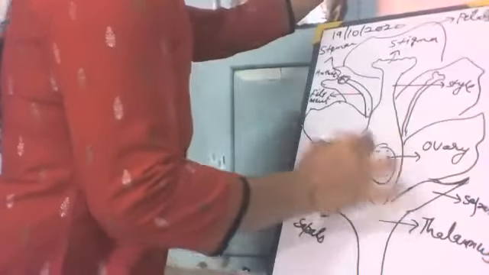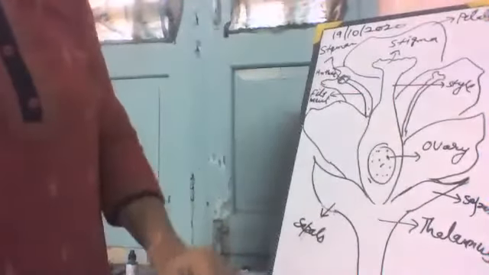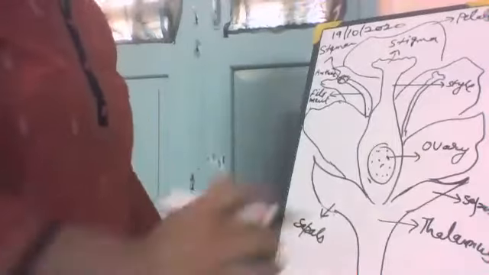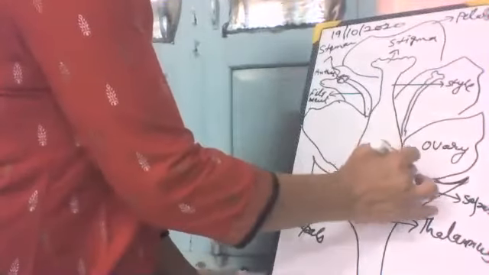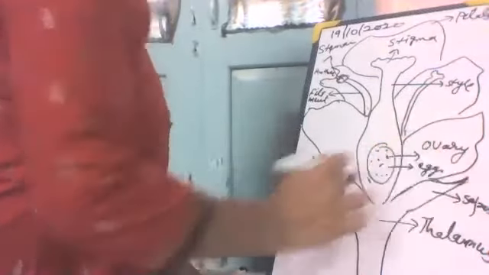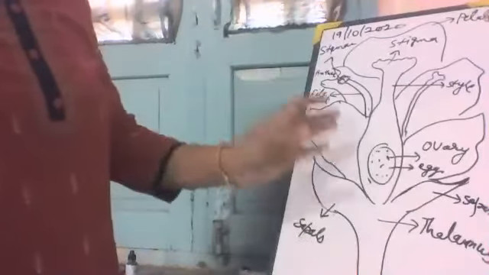Each ovule contains an egg cell which later develops into a seed after successful fertilization. These small rounded bodies are the eggs present in the ovary. After getting fertilized, they form seeds.